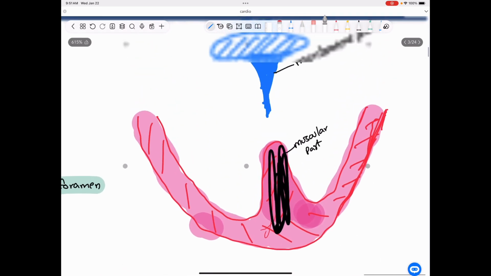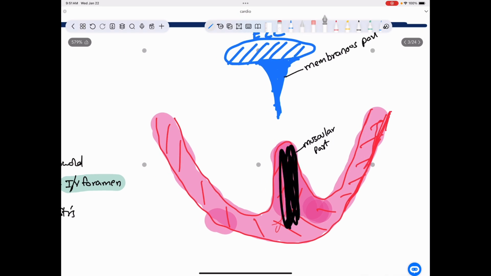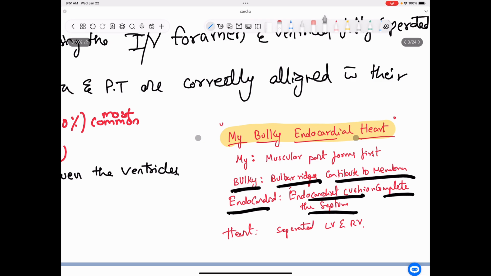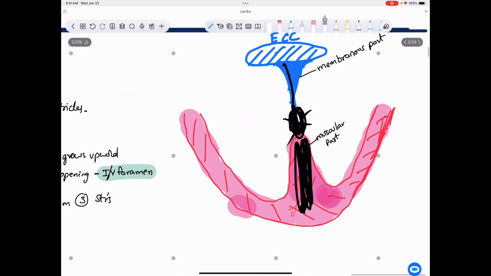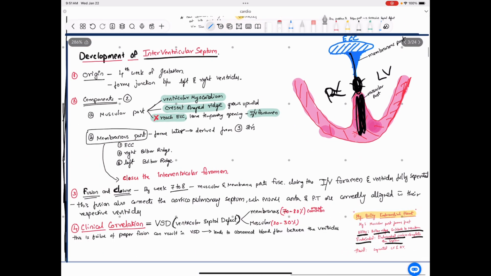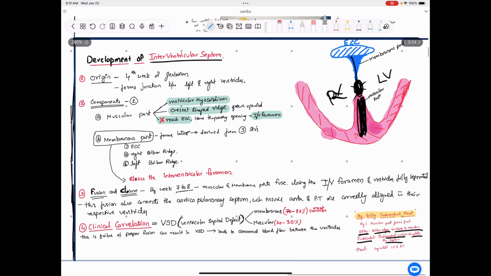You see here, the muscular part stopped growing till here, but the endocardial cushion grows from here to here, closing this interventricular foramen. All right. So the heart: finally, left ventricle and right ventricle are separated. This is the development of the interventricular septum. Thank you. Like this, you can remember the interventricular septum.